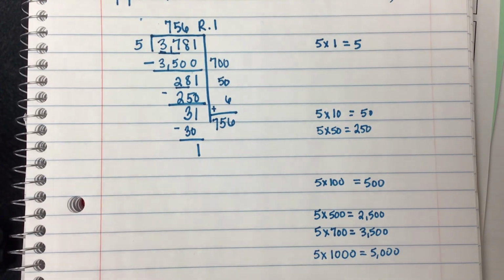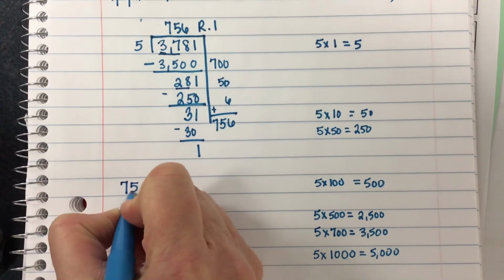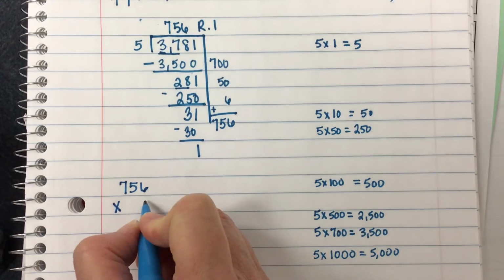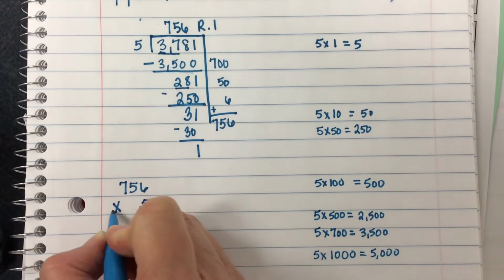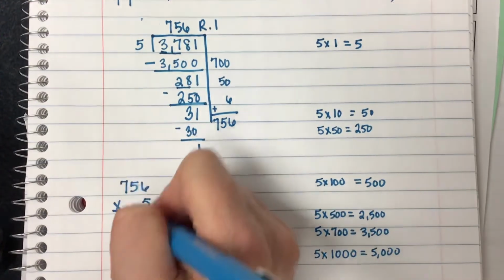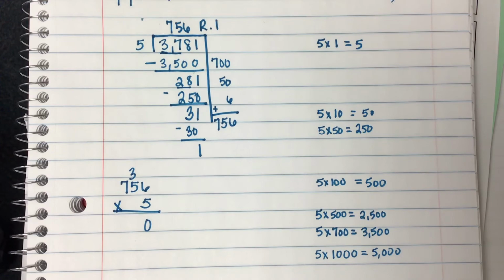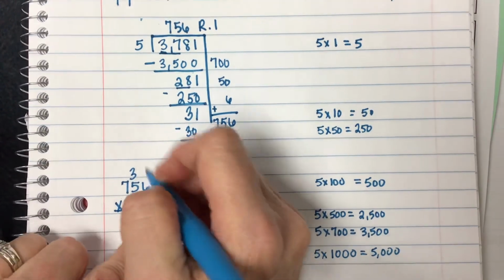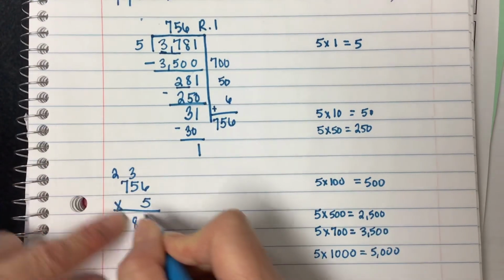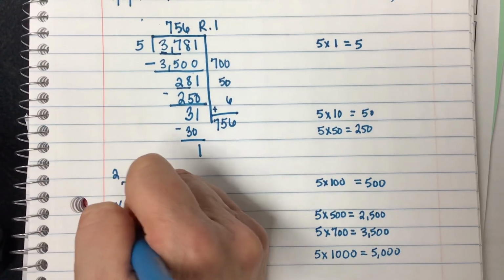Okay, so how do I multiply back to check my work? Mason. So first, you multiply 756 without the remainder times 5. Okay, so we multiply the quotient times the divisor. 6 times 5 is 30. 5 times 5 is 25, plus 3 more gives me 28. 7 times 5 is 35, plus 2 gives me 37.